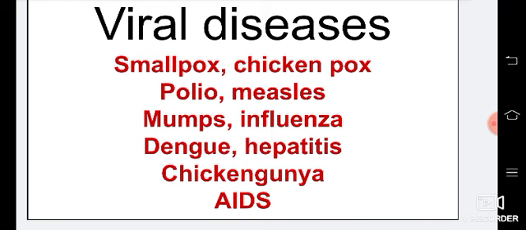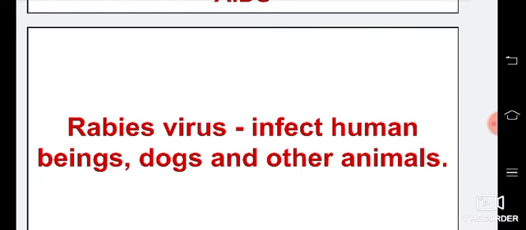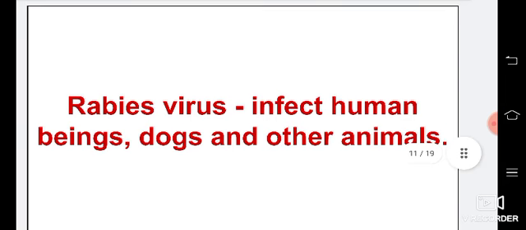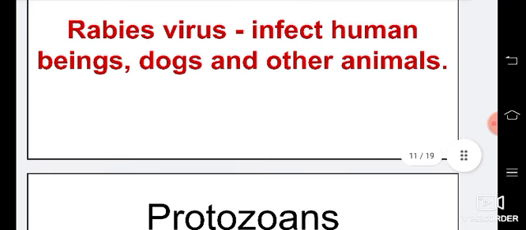But some viruses like the rabies virus infect human beings, dogs and other animals too. Usually a virus affects only one type of organism, but some viruses are exceptions. They infect many things.